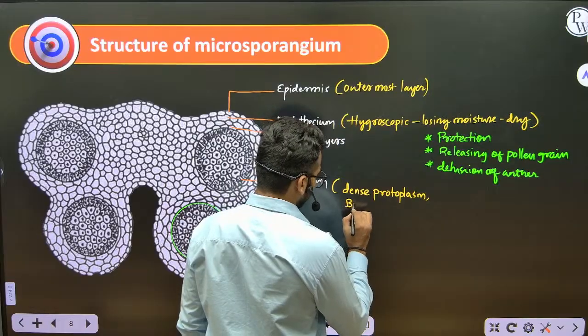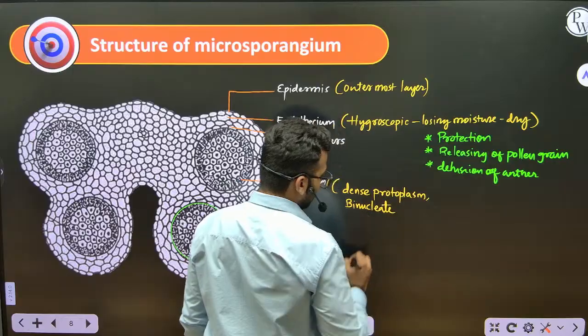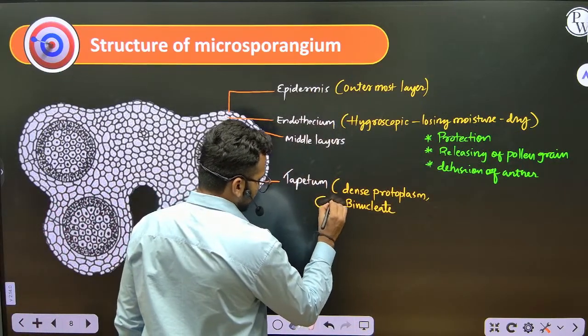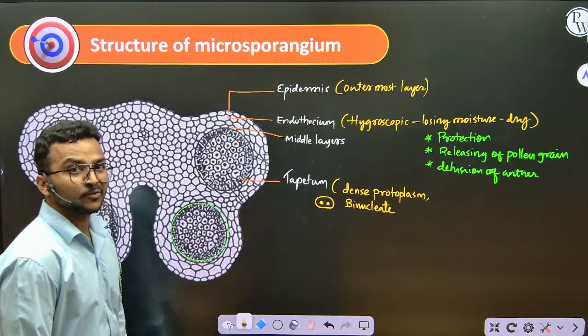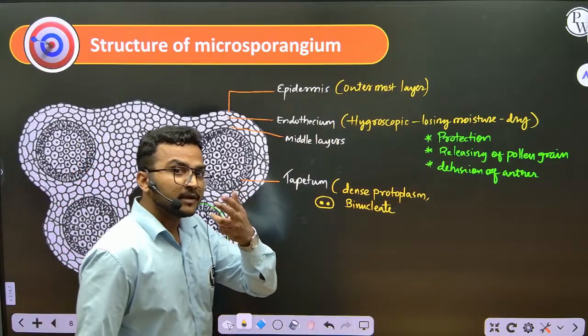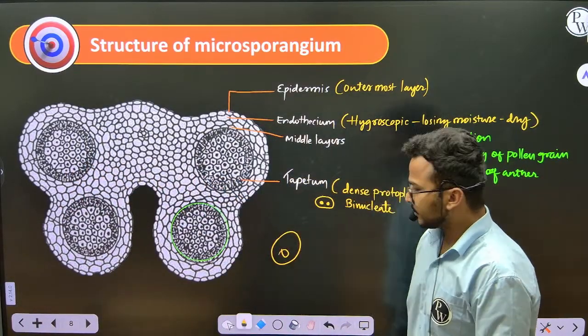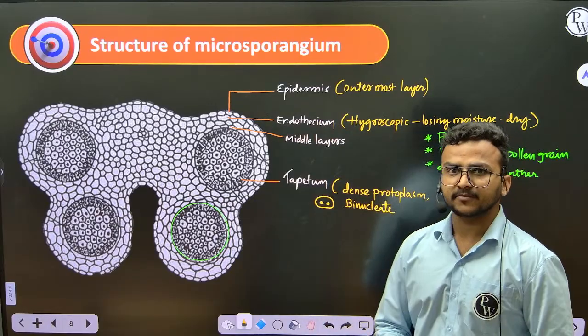Binucleate in the sense the cells will be having two nuclei. Usually in a cell one nucleus will be there, but in tapetal cells two nuclei are found.